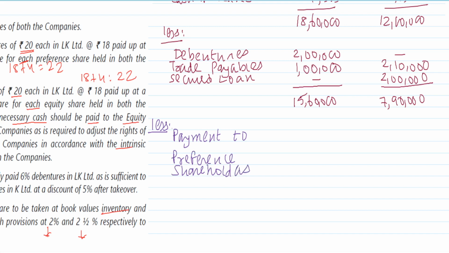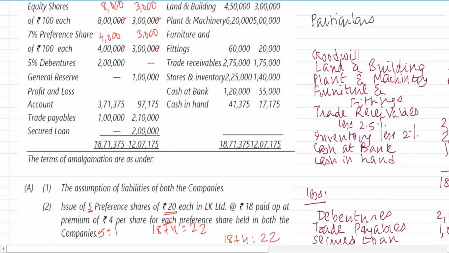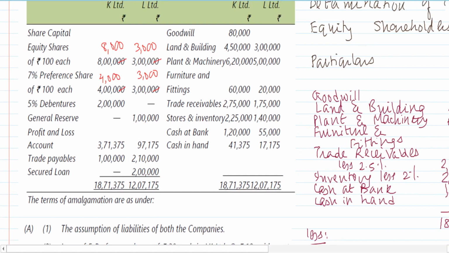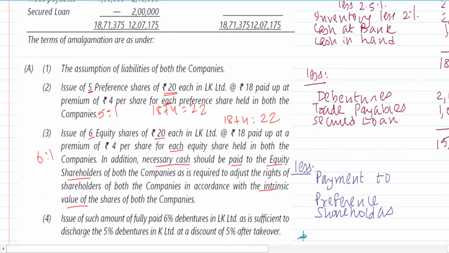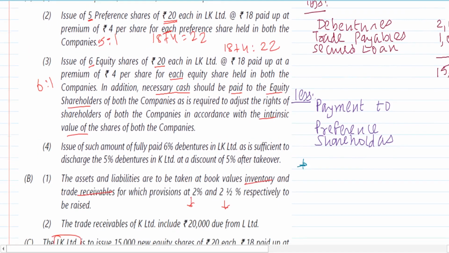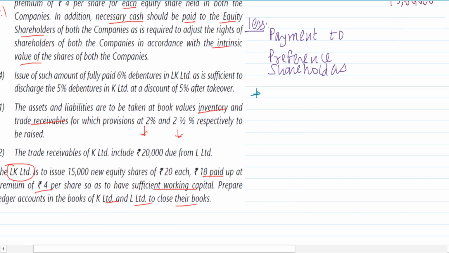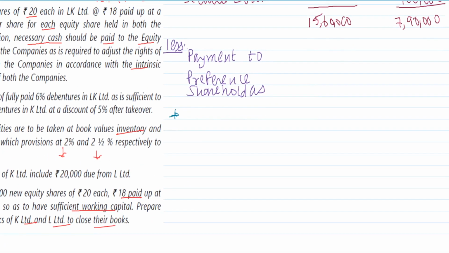We will work out what we are giving to the preference shareholders. So we read information for preference shareholders now. Right, 4,000 preference shares are there in K and 3,000 preference shares in L. And if you see information 2, our share exchange ratio is 5:1 and we are ready to issue shares at 22. So that is how we will settle this particular matter.